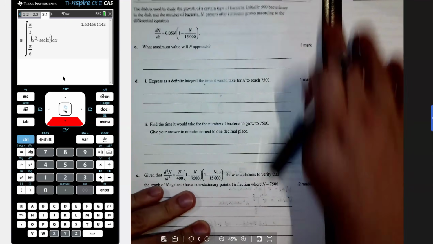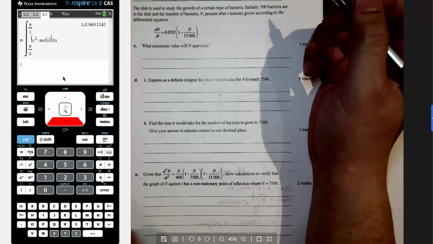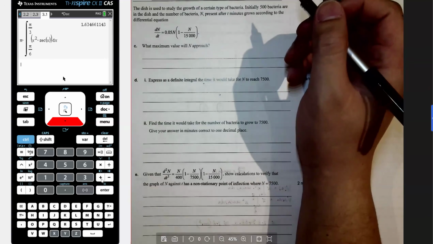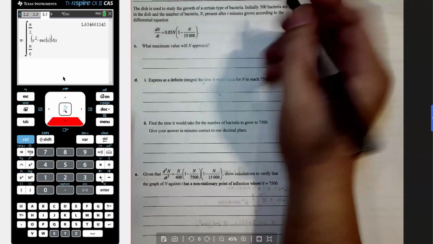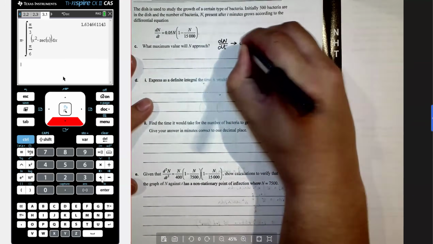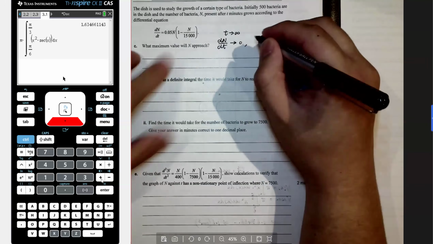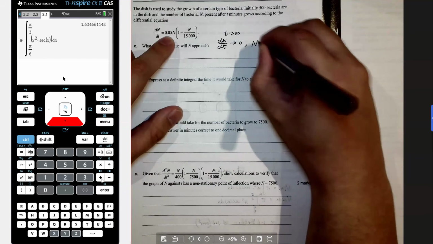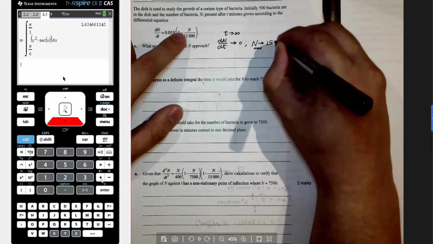The dish is used to study the growth of a certain type of bacteria. Initially, 500 bacteria are in the dish, and the number of bacteria present after t minutes grows according to the differential equation. What's the maximum value? Okay, maximum value means maximum asymptote. So as t approaches infinity, dn dt approaches 0, and n is not approaching 0, so n should be approaching n max, approaching 15,000.